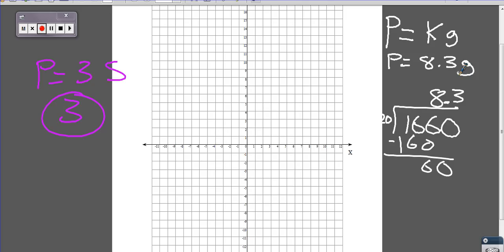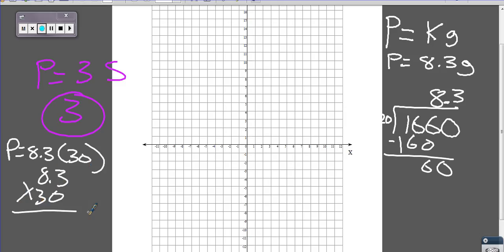Now, the next question was, how much does 30 gallons of water weigh? Now that we have the equation, let's find out. We can do that now because we know how much 1 gallon weighs. So now our formula says P equals 8.3 times 30.